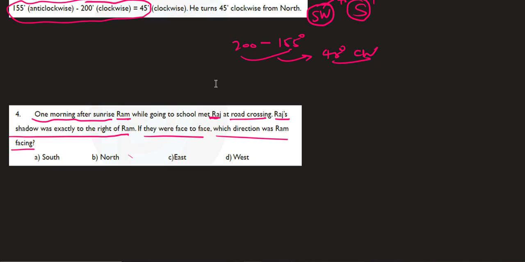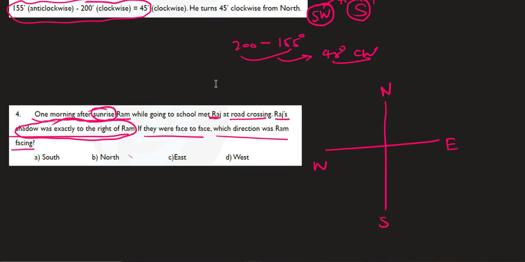So let's first make the same direction diagram. This is south, east, north and west, the same one. You go in the anti-clockwise direction. The point to notice here is that the shadow was exactly to the right of Ram and the time is sunrise. I told you at sunrise the shadow is always in the west direction because the sun comes up in the east.